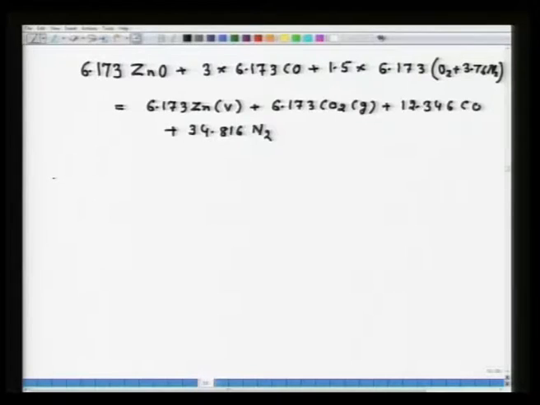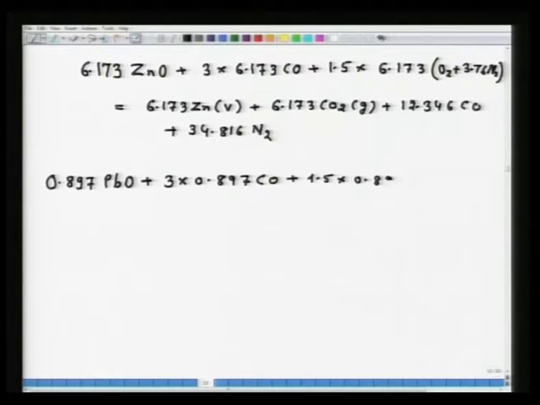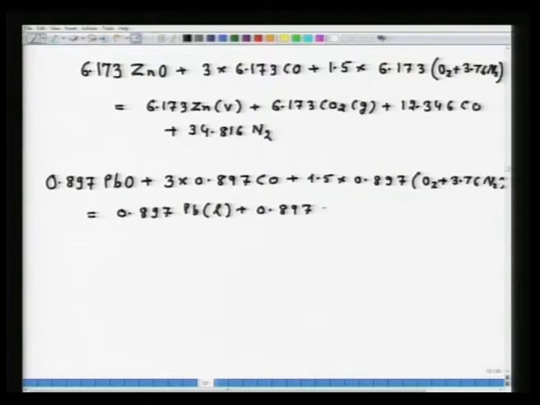Similarly, now I can write down for lead oxide: 0.897 PbO plus 3 into 0.897 CO plus 1.5 into 0.897 O2 plus 3.76 N2 will be equal to 0.897 lead, which is liquid, plus 0.897 CO2 plus 1.794 CO plus 5.059 nitrogen.